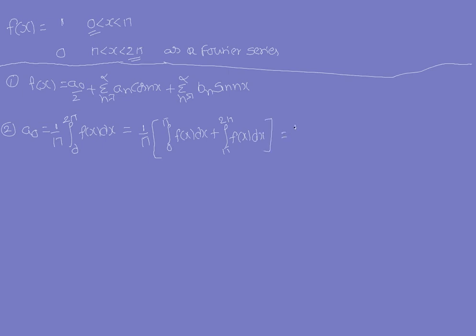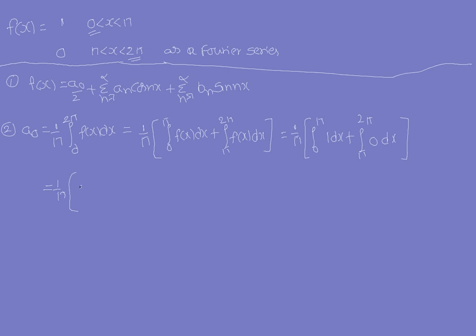Again, this you can write as (1/π) times: for the integral 0 to π, what is the f(x) value? 1. So ∫ 1 dx, plus for the integral π to 2π, what is the f(x) value? It is 0. 0 into dx. So that is nothing but (1/π) ∫ from 0 to π of 1 dx.